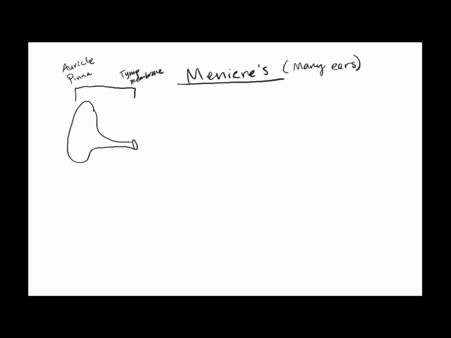Okay, and those three bones are known as the malleus, the incus and the stapes. Those are the three bones that you have inside the middle ear, okay? And they are responsible for conducting vibrations, and I'll explain that in more detail in just a bit.